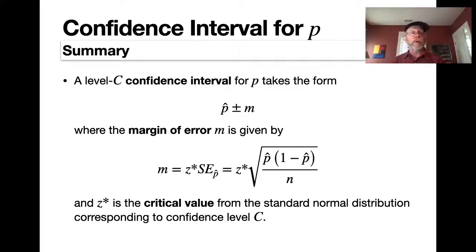Remember, that's our estimate for the standard deviation of p hat. And so this is a familiar story to us. Margins of error typically are products of critical values and standard errors, and that is no different in the case of a margin of error for a population proportion.